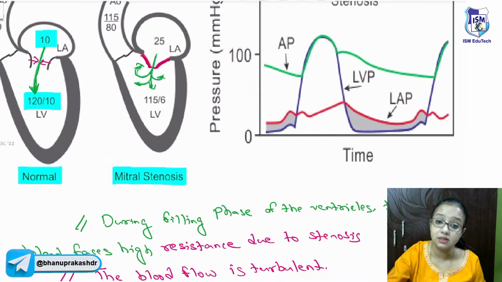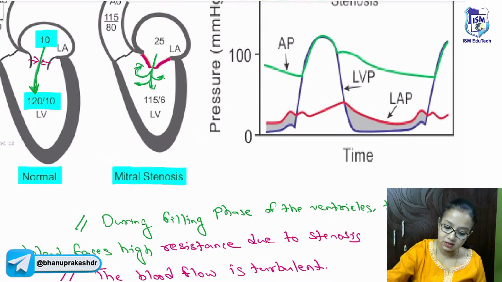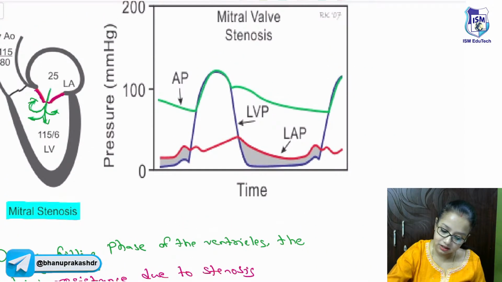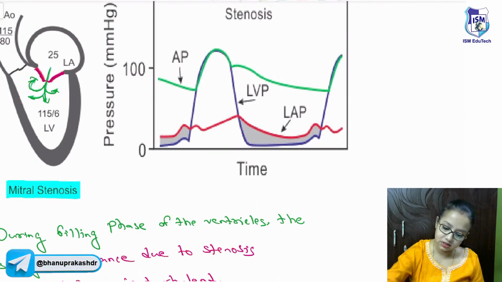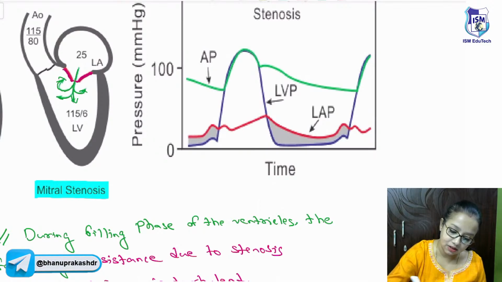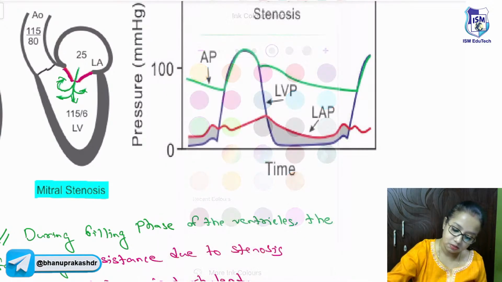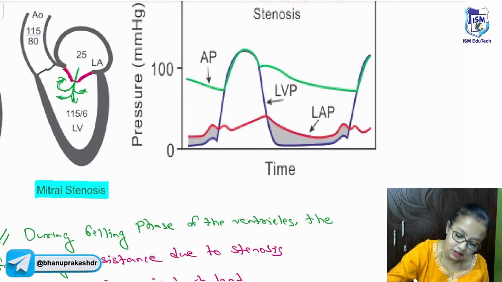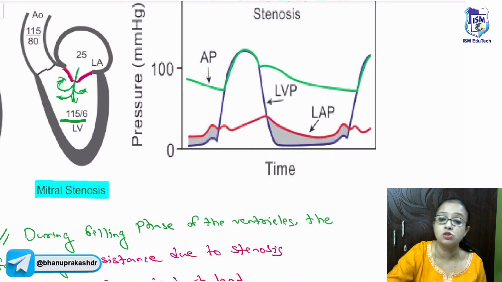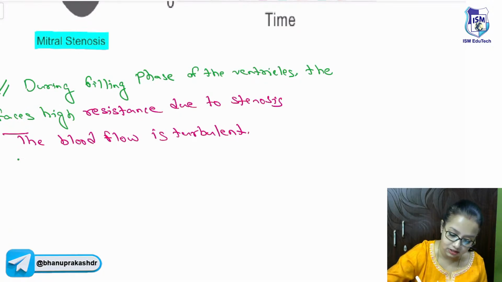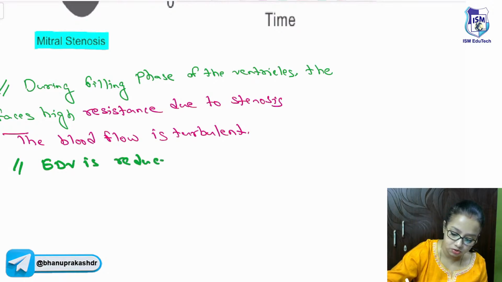So how does it reflect on the Wiggers graph? Here, if you see, the pressure in the aorta is normal. Now, as the valve is facing more resistance, the filling of the blood is not proper. So in this case, the end diastolic volume is reduced.